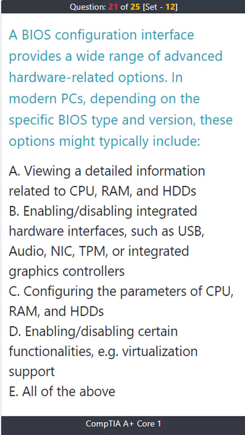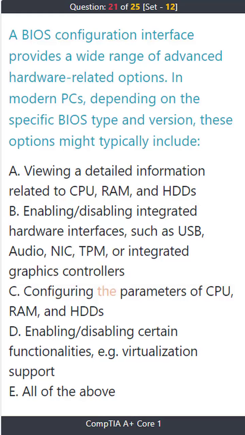Question 21. A BIOS configuration interface provides a wide range of advanced hardware-related options. In modern PCs, depending on the specific BIOS type and version, these options might typically include A. Viewing detailed information related to CPU, RAM, and HDDs. B. Enabling/disabling integrated hardware interfaces, such as USB, audio, NIC, TPM, or integrated graphics controllers.